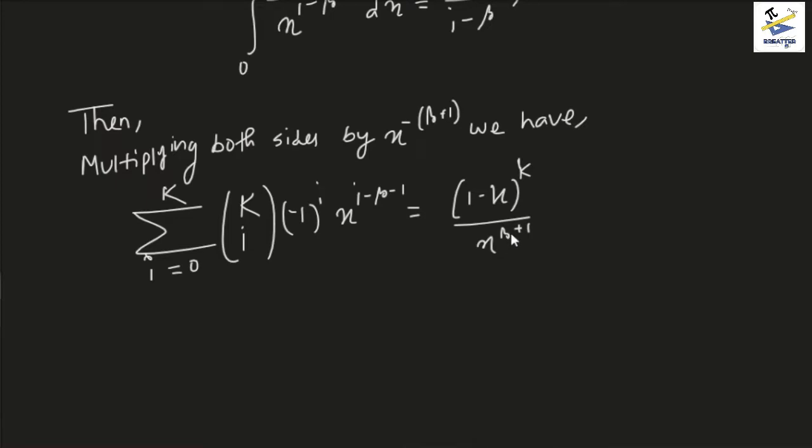So this would be the result after multiplying by x to the power minus beta plus 1. Why I'm going to do this you will see soon, and I'll explain it later, but let's do it for now.